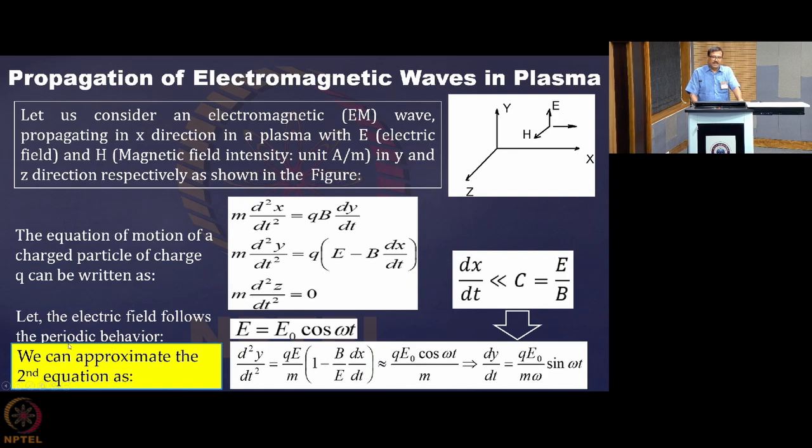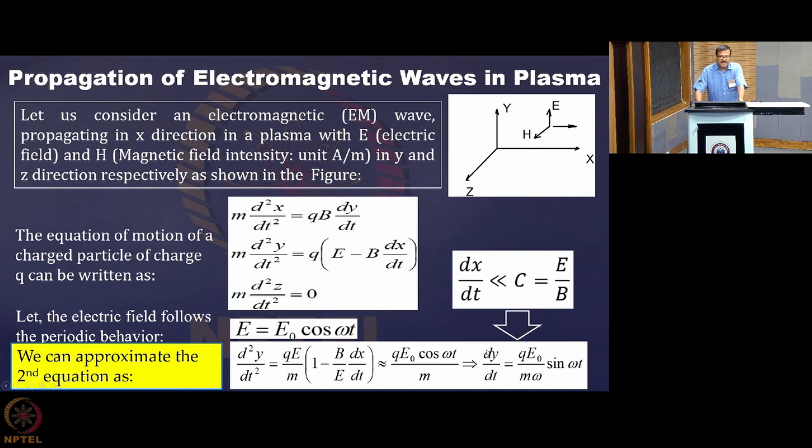Then we assumed that the electric field is E equal to E0 cos omega t. Then we derived the second equation, m d2y/dt2, and found that we can approximate it like this.